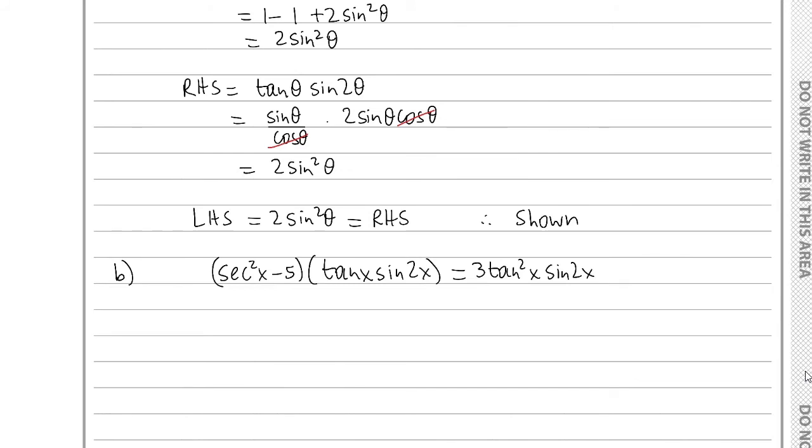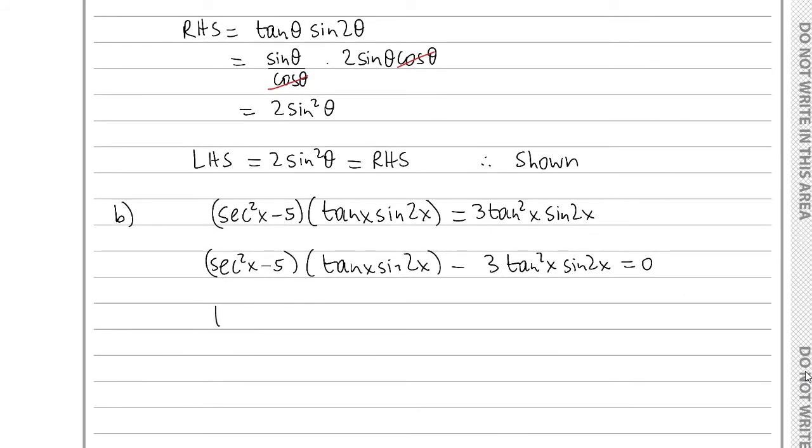I will collect everything on the left hand side, so sec squared x minus 5, and then in brackets tan x sine 2x, minus 3 tan squared x sine 2x is 0. I will factor out tan x and sine 2x, and I will get sec squared x minus 5 minus 3 tan x.